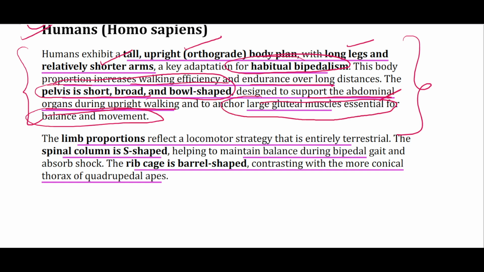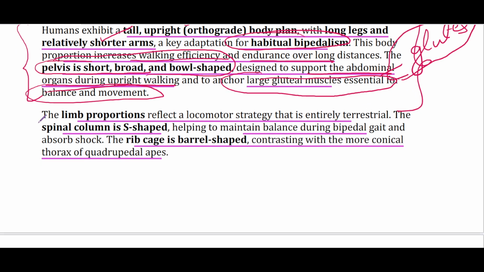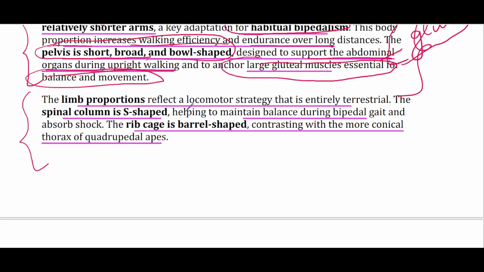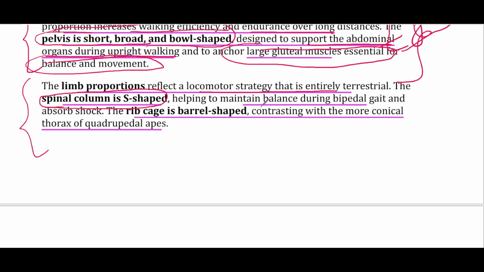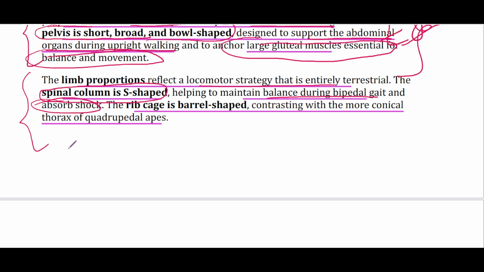The gluteal muscles, also known as glutes, are the muscles that form the buttocks. Now, the limb proportions in humans reflect a locomotor strategy that is entirely terrestrial. So we have an S-shaped spinal cord, which helps maintain balance during bipedal gait and absorption.